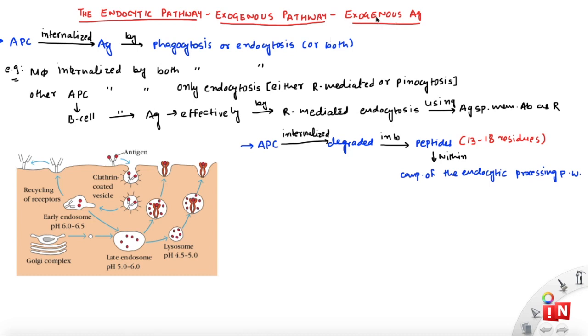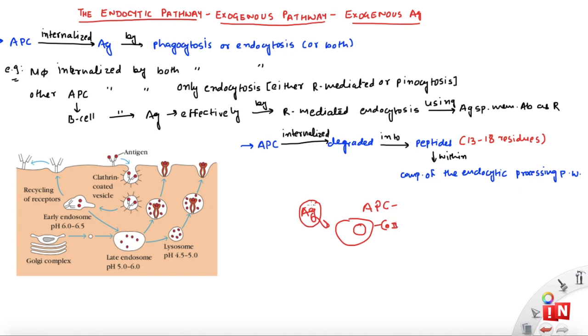When the exogenous antigen is being processed, the pathway is of course called the exogenous pathway or the endocytic pathway. Now, we just saw that when it comes to exogenous antigen, the antigen is taken up from outside the cell. Antigen presenting cells are the ones which will take up the antigen from outside and present it on MHC class 2.